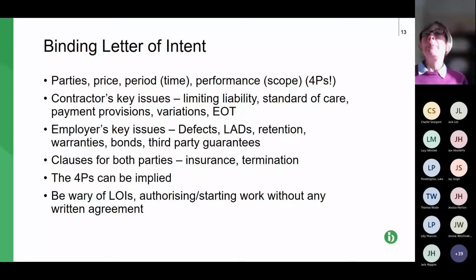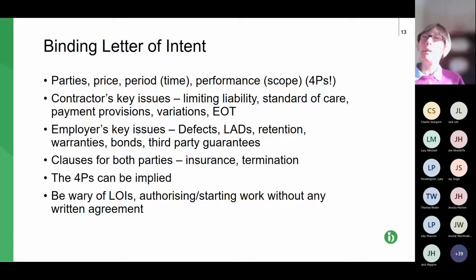It will typically be for maybe 100,000, a few 100,000, just to cover the work that's the subject of the letter of intent. So the ground investigation, clearing the site, something like that, possibly some design work, possibly ordering materials.